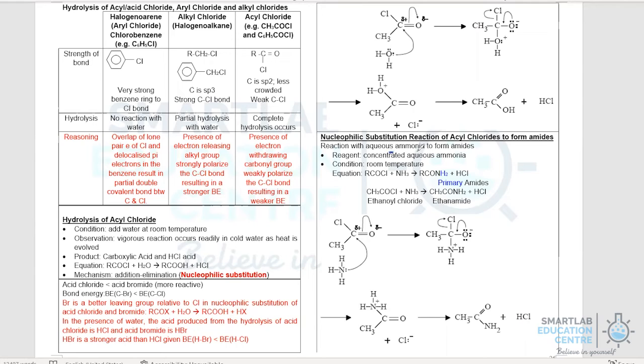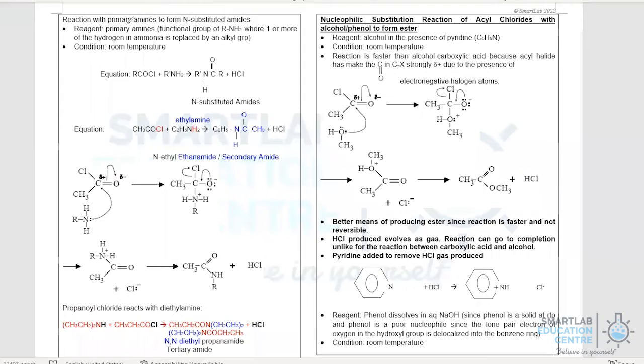In the presence of ammonia, it can undertake nucleophilic substitution again to produce amide. And the byproduct produced is HCl. In the presence of primary amine, it will also be able to undertake the reaction to produce a secondary amide.